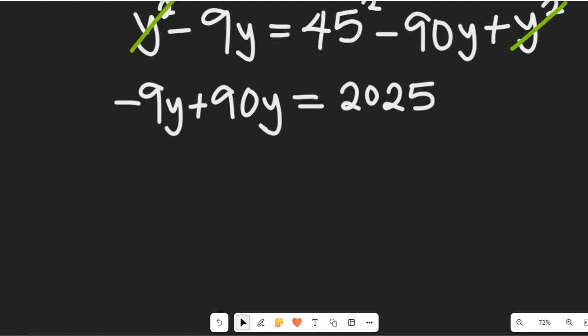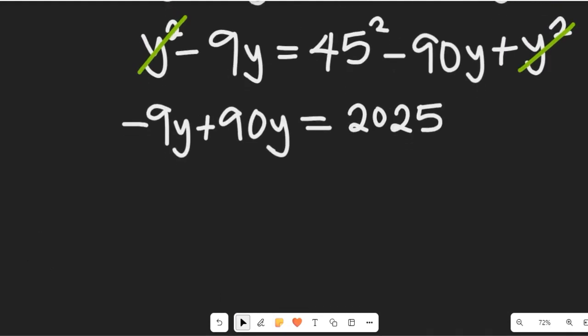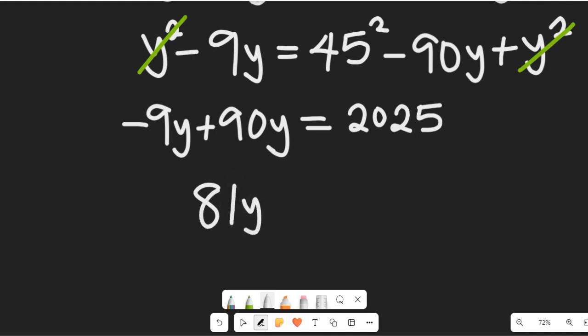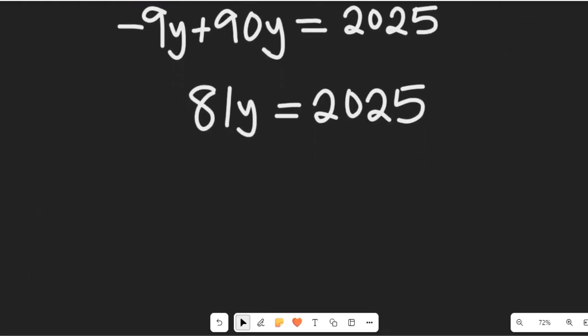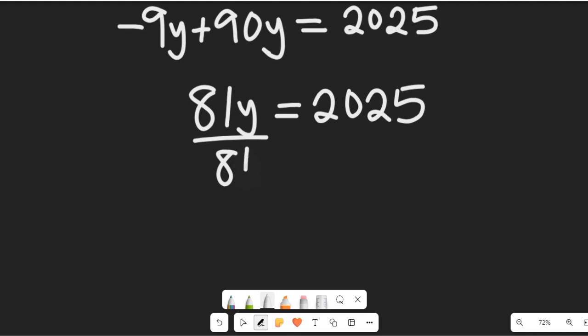So that's the expression we get. Minus 9y plus 90y will give us 81y, and that will be equal to 2025. Great.